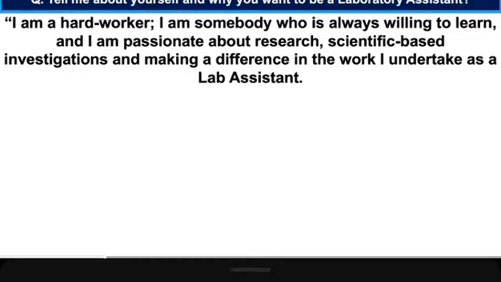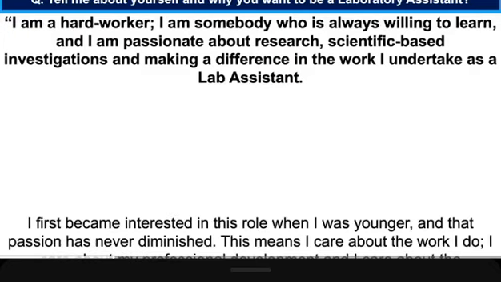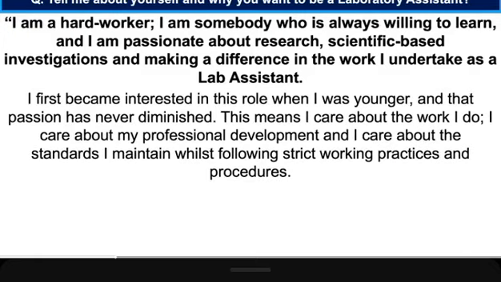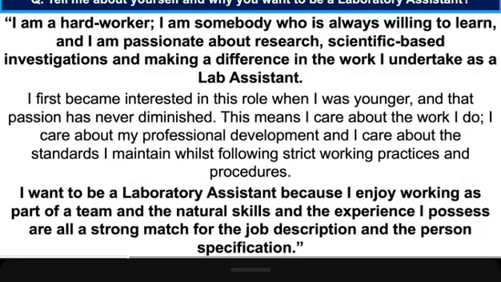I'm a hard worker. I am somebody who is always willing to learn, and I am passionate about research, scientific-based investigations, and making a difference in the work I undertake as a lab assistant. I first became interested in this role when I was younger, and that passion has never diminished. This means I care about the work I do, I care about my professional development, and I care about the standards I maintain whilst following strict working practices and procedures.